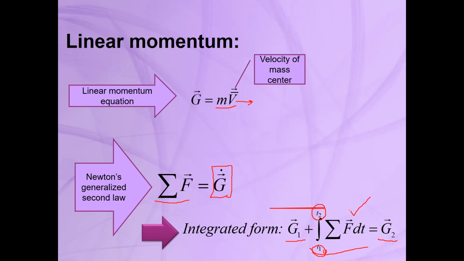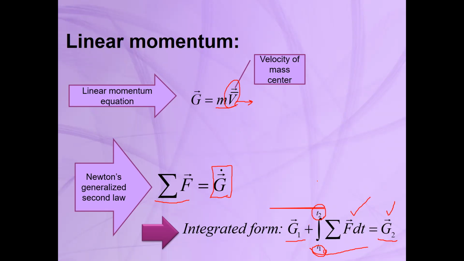So when we have a very short period of time, we usually prefer to use this equation to find the final linear momentum, G2. And when you calculate the final linear momentum easily, you can find the velocity vector.